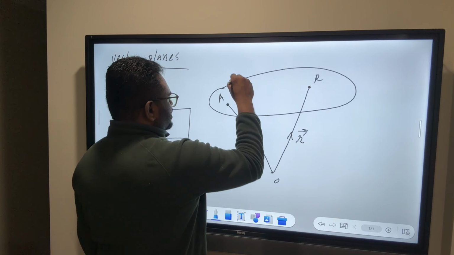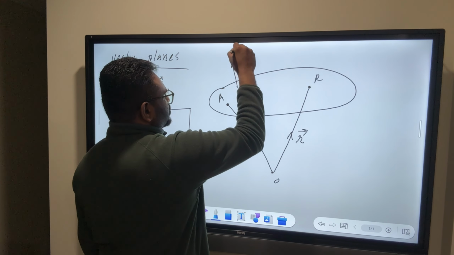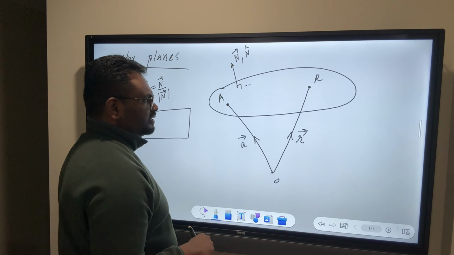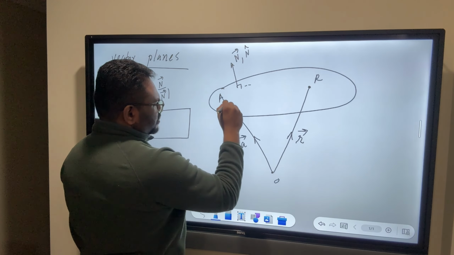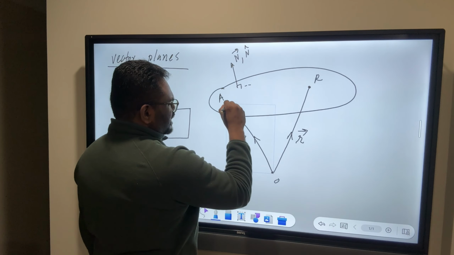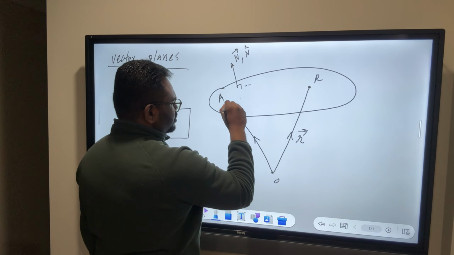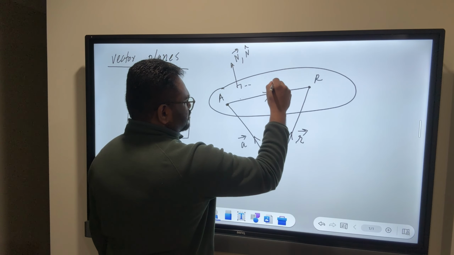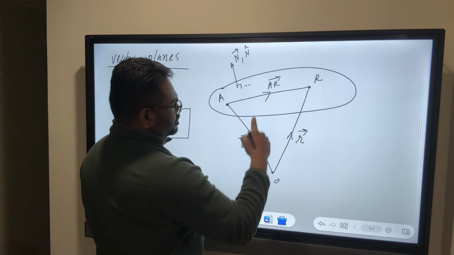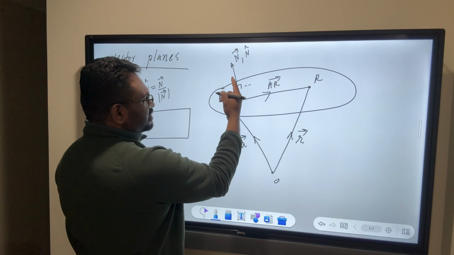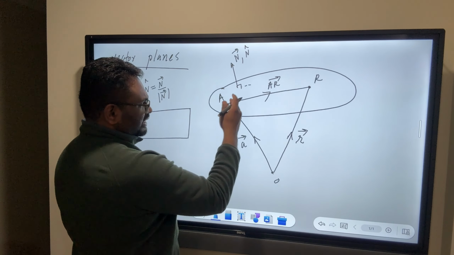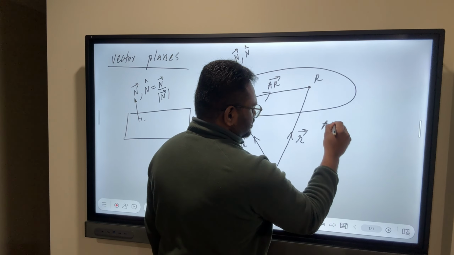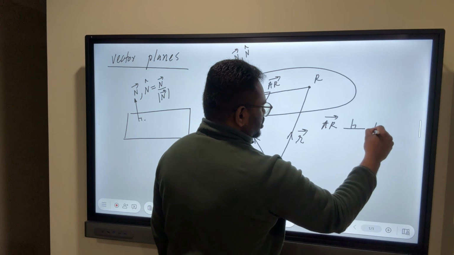Now we understood that the normal vector or the unit normal vector is defined on the plane. So if you think about this AR vector, this AR vector is perpendicular to the N vector, because the AR vector is on the plane and the N vector is perpendicular to it.